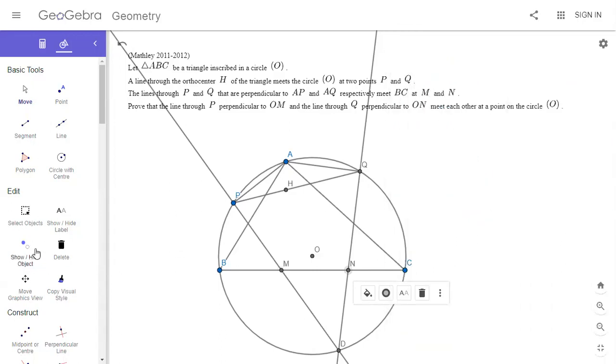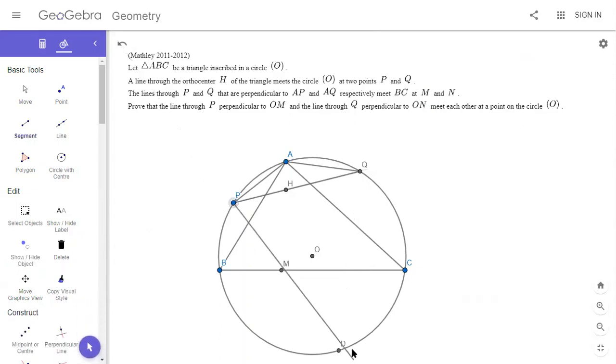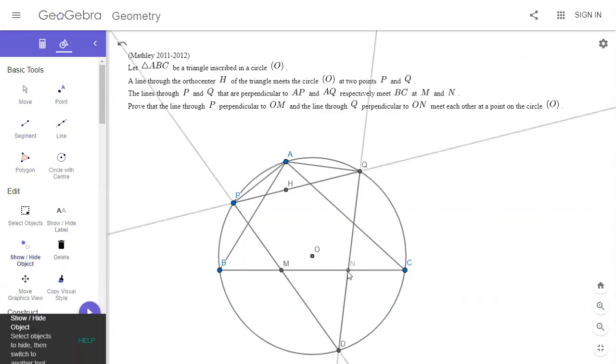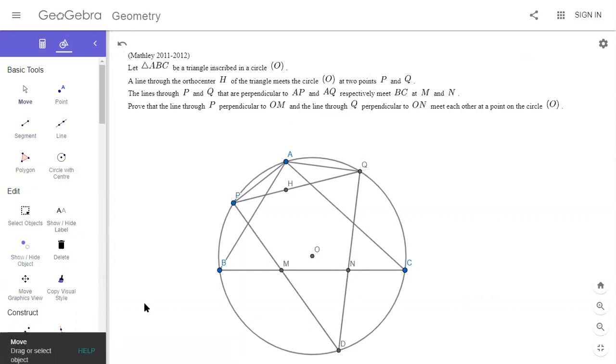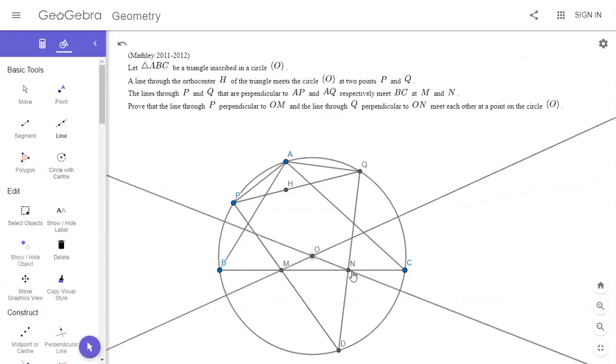All right. Prove that the line through P perpendicular to OM and the line through Q perpendicular to ON meet on the circle.